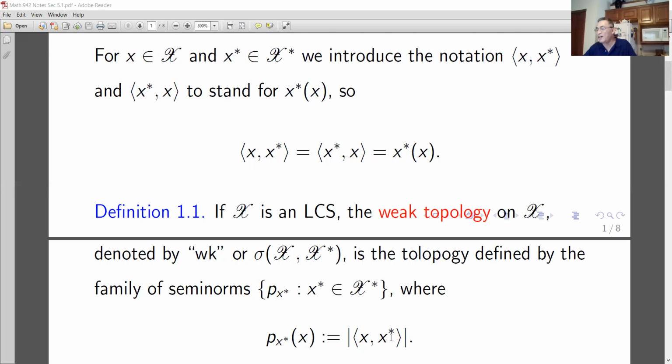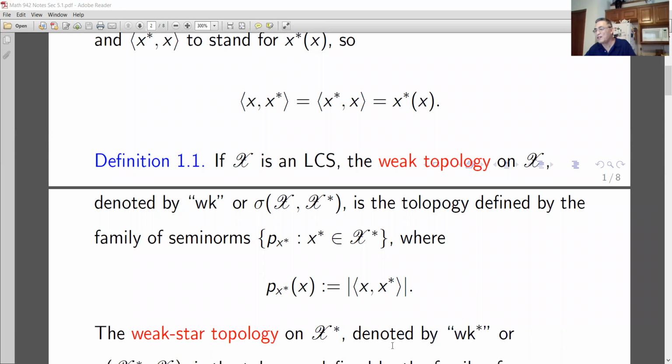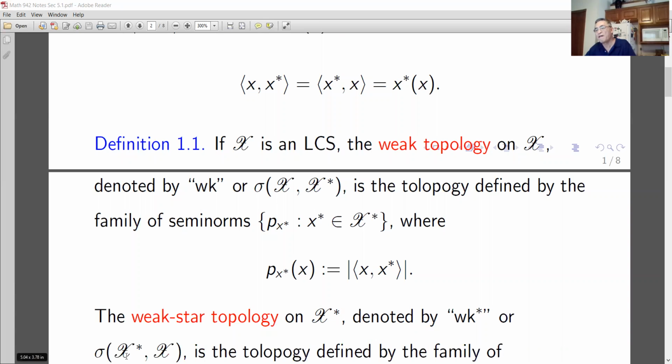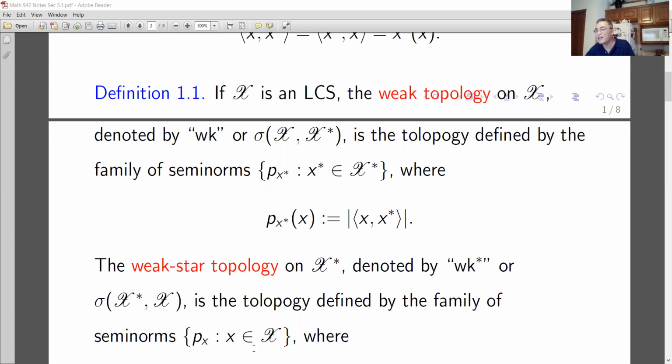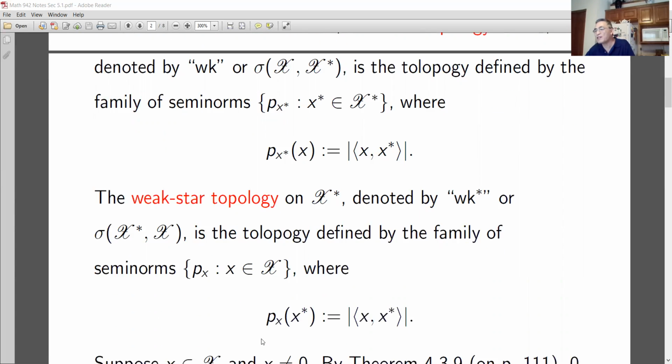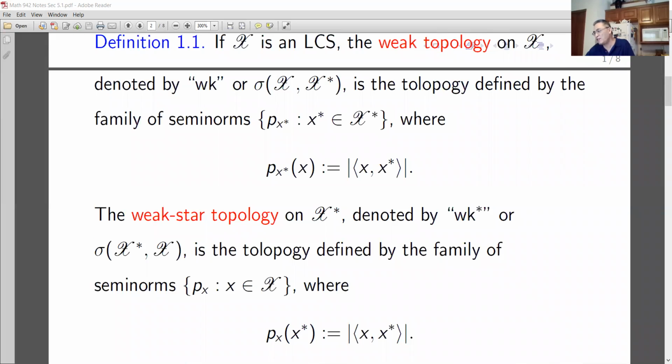And the weak star topology on X star, denoted by wk star, or sigma of X star, X, is the topology defined by the family of semi-norms p_x, where x is in X, where p_x of x star is defined this way.